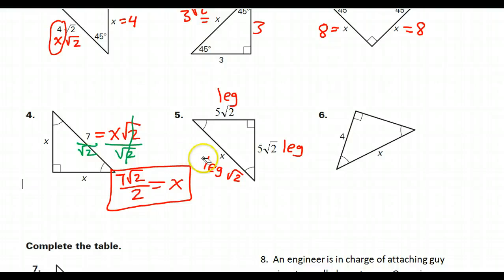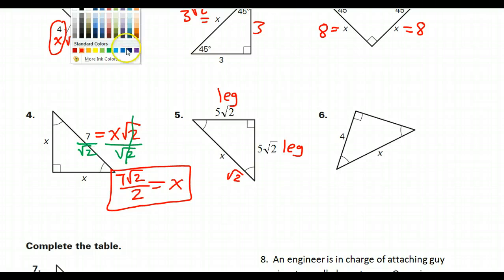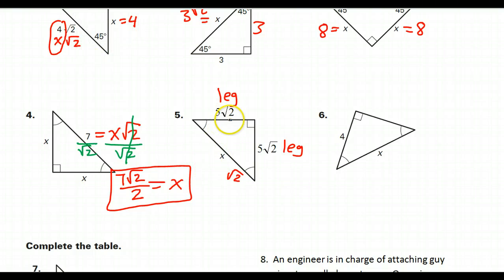In this case though, the leg is 5 radical 2. So let me change colors. So the leg is 5 radical 2. So it should be 5 radical 2, 5 radical 2, and then 5 radical 2, radical 2. If you can understand that. That might be a little hard for some of you to understand. But let me follow through and finish this first.